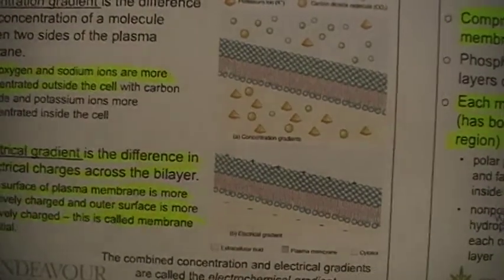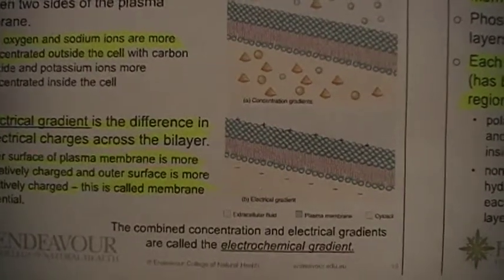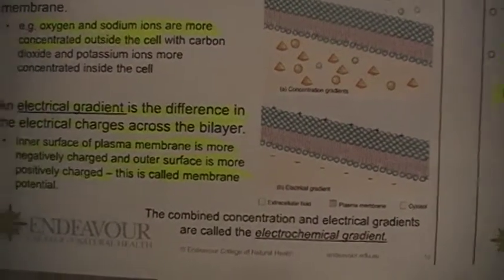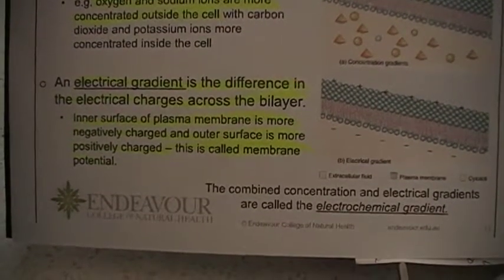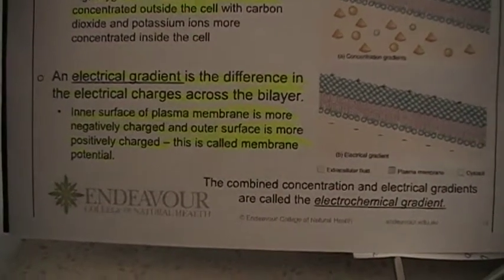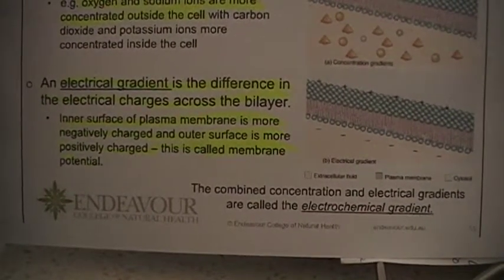What's the word for that? What's an example of a concentration gradient? Something are more concentrated on the outside of the cell.